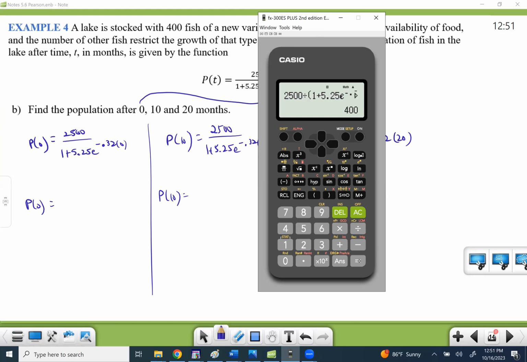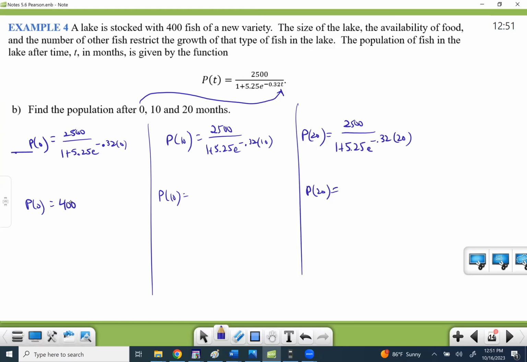So 400. That makes sense, right? What did it say up here? A lake is stocked with 400 fish. So when time is 0, when we first started, we have 400 fish, and that's what our model is showing. So this makes complete sense.